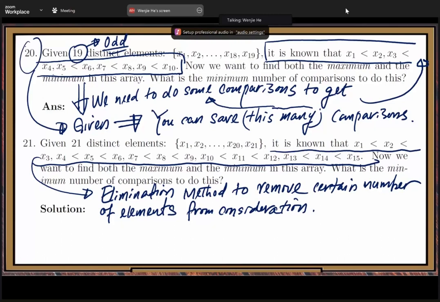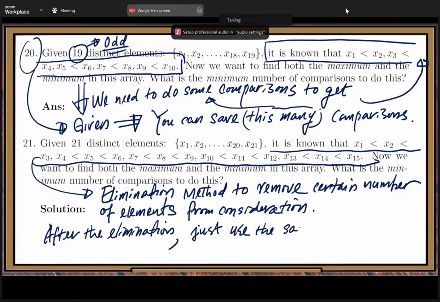So after the elimination, just use the same way to find a solution.